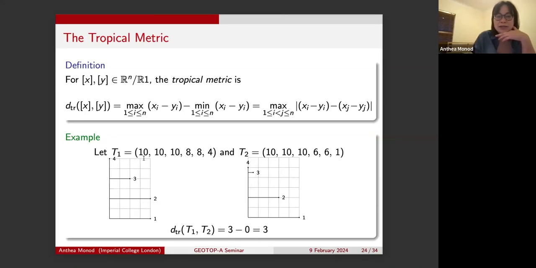For each of the entries in these two trees, we look at their differences. We take the max, so the maximum difference is 4 minus 1, which is 3. And then we subtract off the minimal difference between these two trees, which is 3.